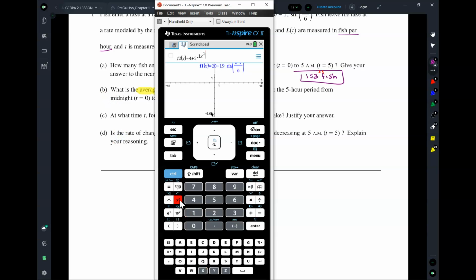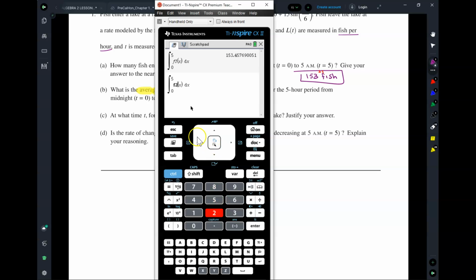Okay, so when you go back, recall this function again, and now you want to do F2.